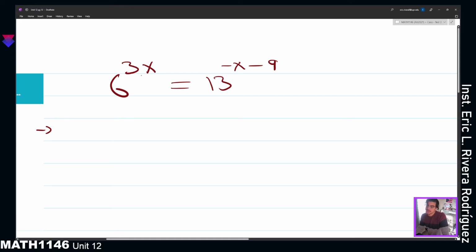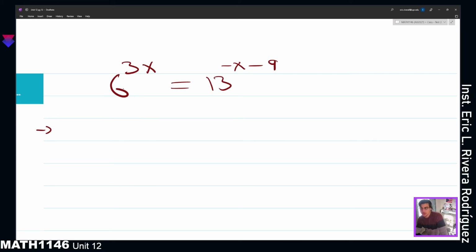Both of them have the variable x in the exponent. So you want to cancel those. But that means that you can use log base 10, natural log, log base 6, or log base 13. So how are we going to choose the best base to use here in order to have the optimal route of solving this problem?